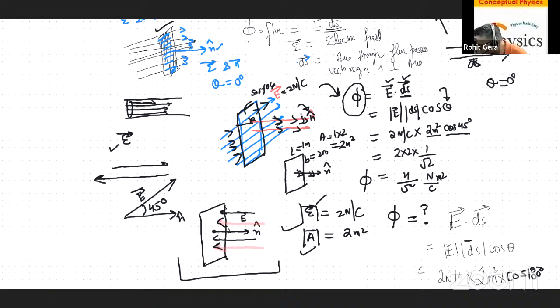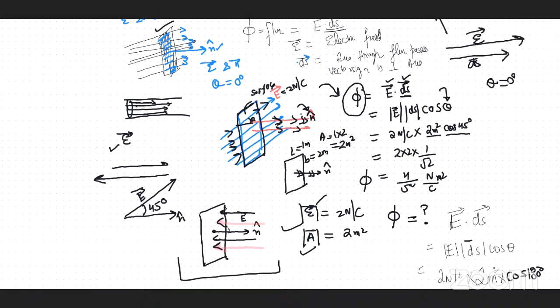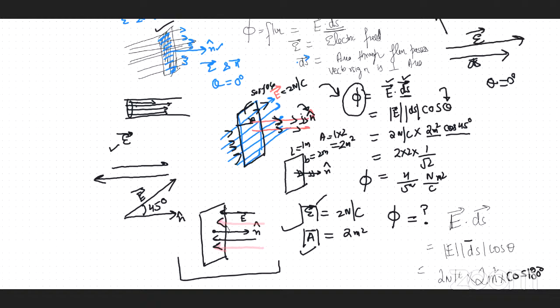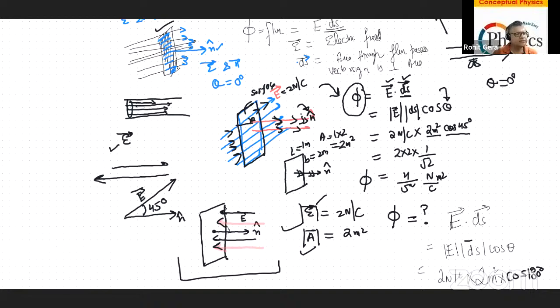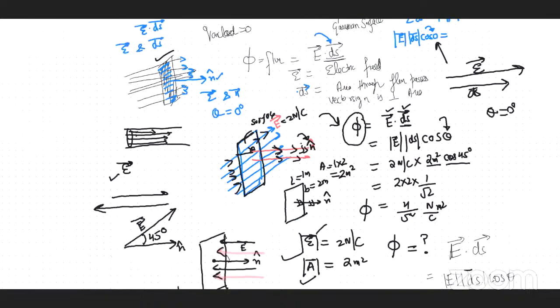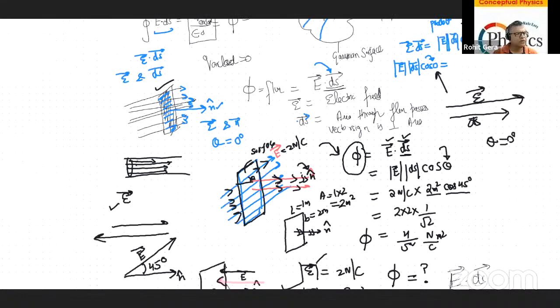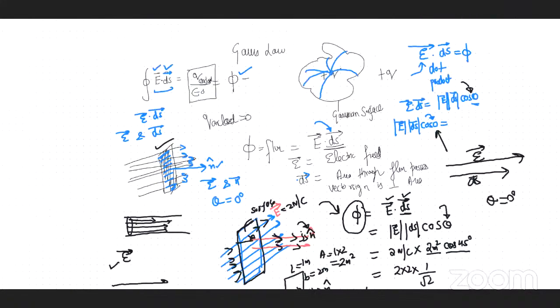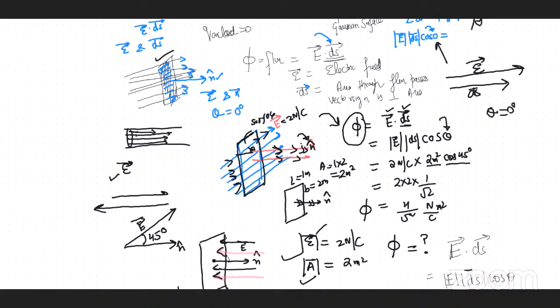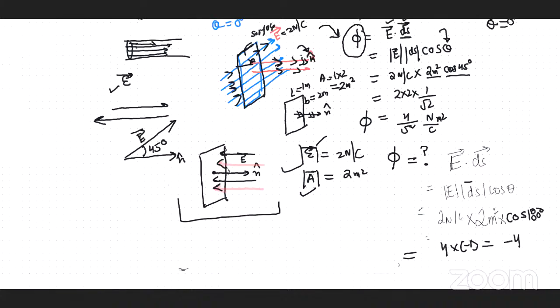So it's like a standard value. The angle between electric field and the normal is 45 degrees? No, we used 0 degree in one case and 180 degrees in another. In the question, it can be anything.